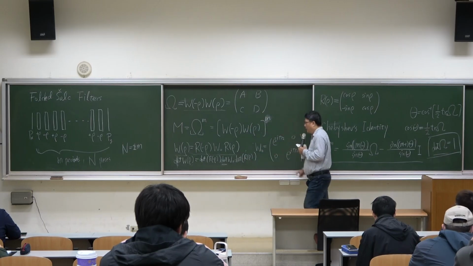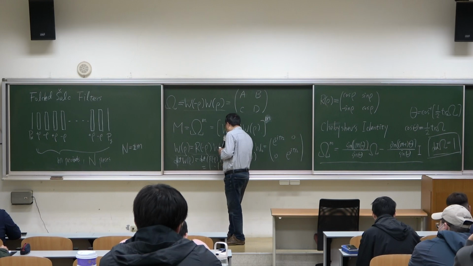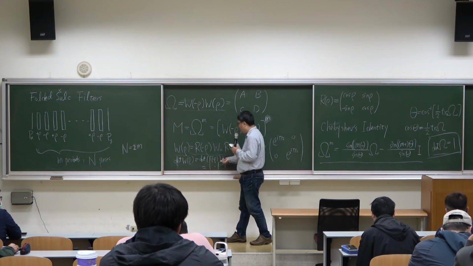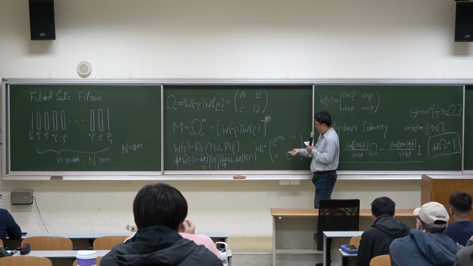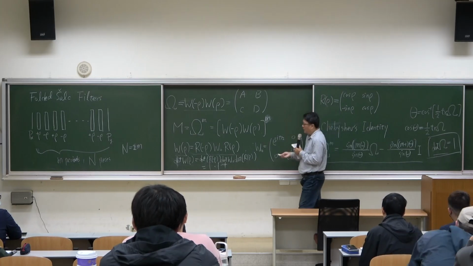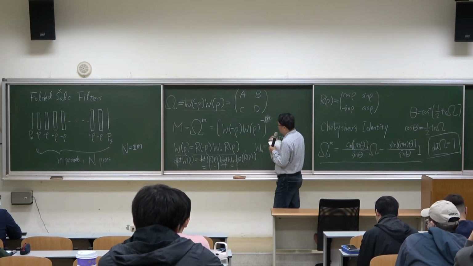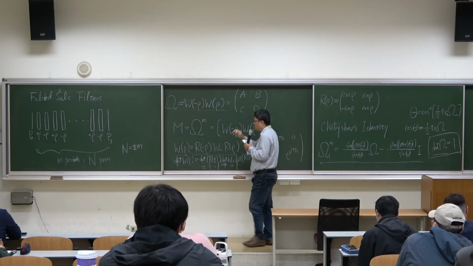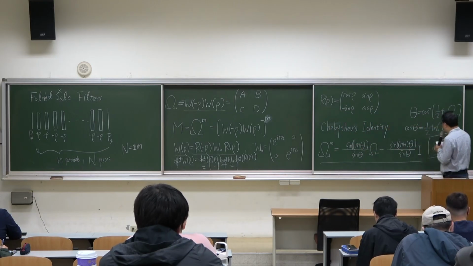Okay, and all of these are 1, 1, 1. The determinant for R minus rho is 1, determinant W0 is 1, determinant R rho is 1. So this is 1. And also determinant W minus rho is also 1.